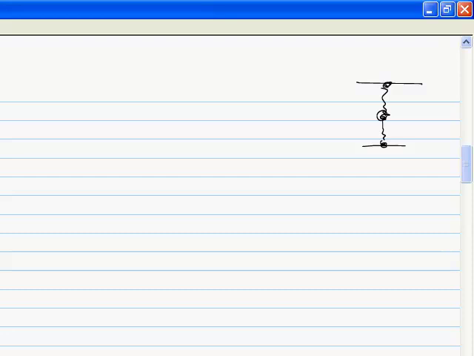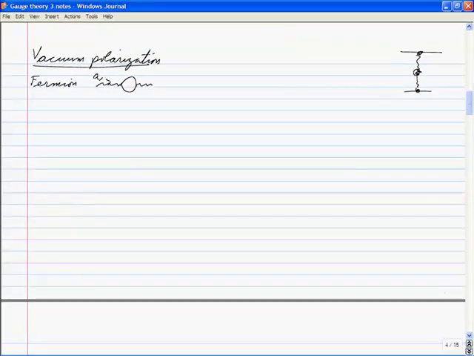So this has a gluon momentum Q coming in.